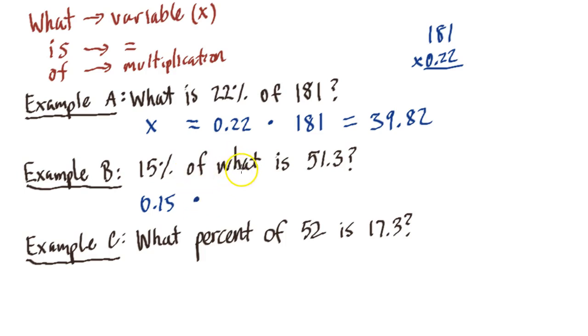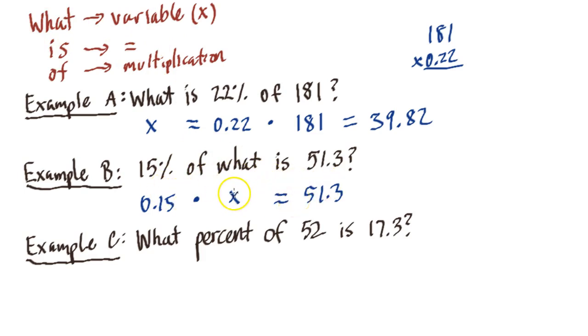"What" is our variable, x. "Is," we put an equal sign, and we bring down the number, 51.3. So as you can see, we just went through the same exact procedure, and we just copied down what, using this key up here, and we've translated this into algebra.